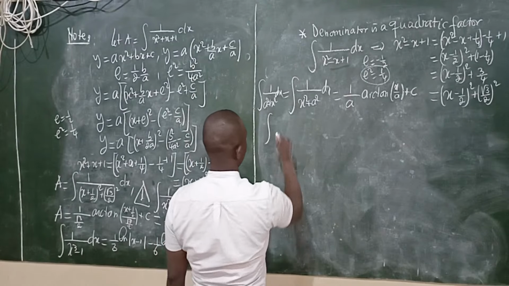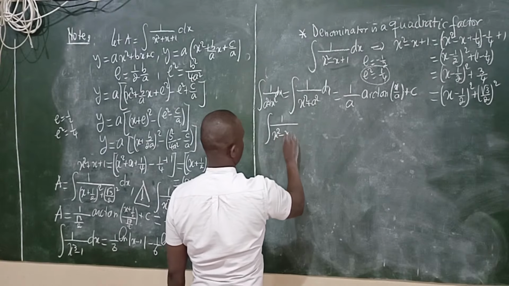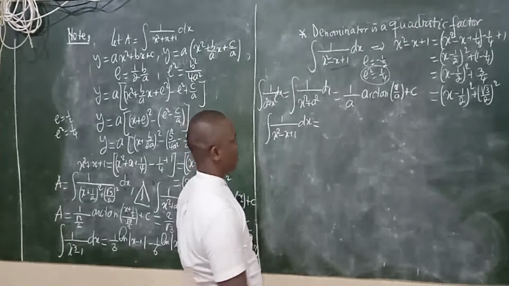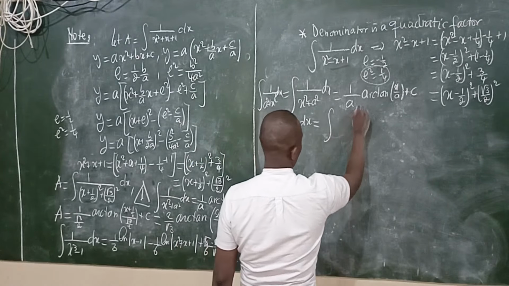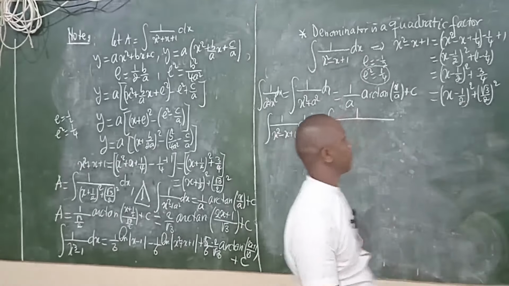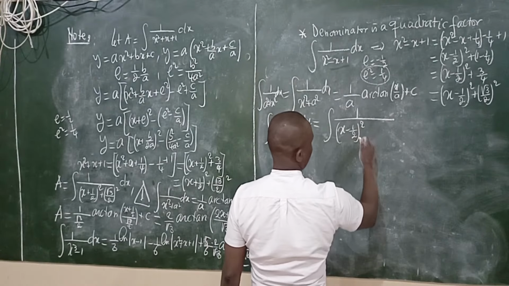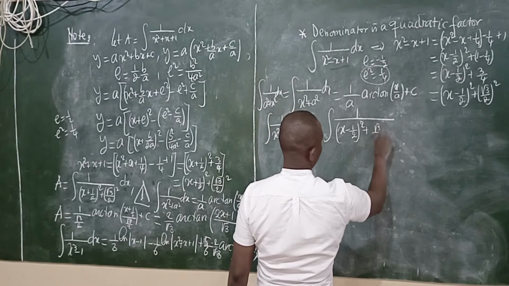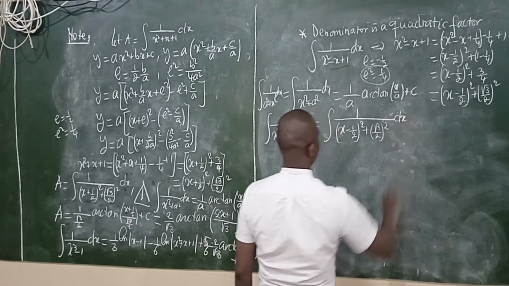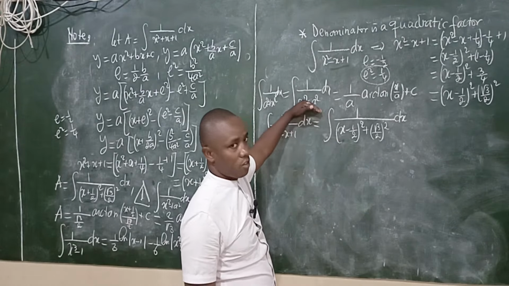For our question, the reciprocal of x squared minus x plus 1 dx, starting the integration, this is the integral 1 over, instead of writing this, we are going to write the square of x minus a half plus the square root of 3 over 2 squared dx. You see, this is of this form.